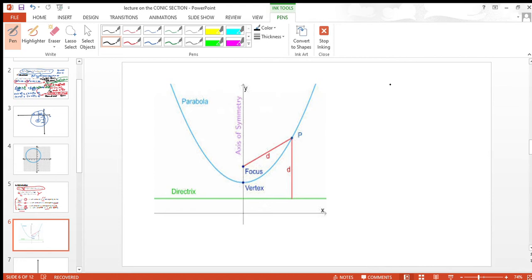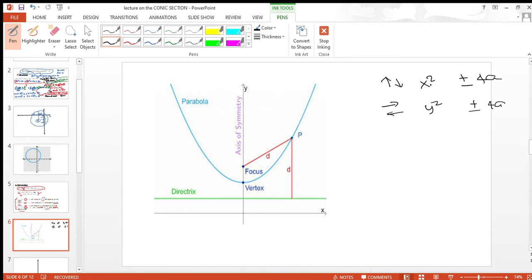So if upward or downward, x squared is given. If to the right or to the left, y squared is given. So if positive, that will be upward. If negative, downward. For the 4a in the standard form, here if it's positive, it opens to the right, if negative, to the left.